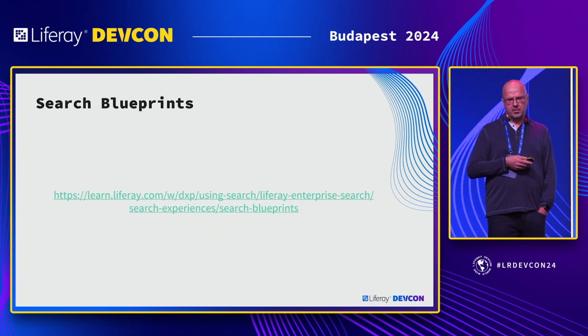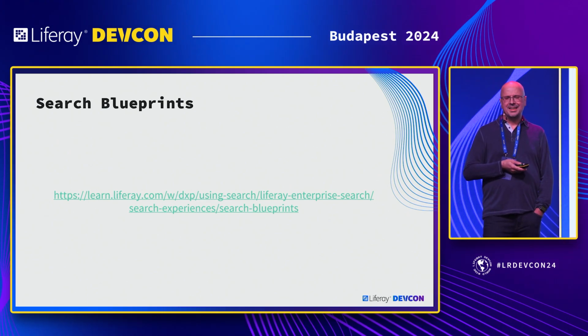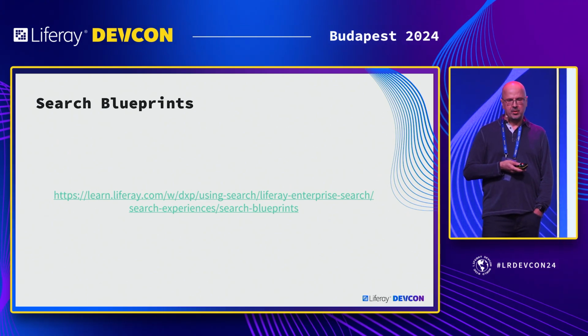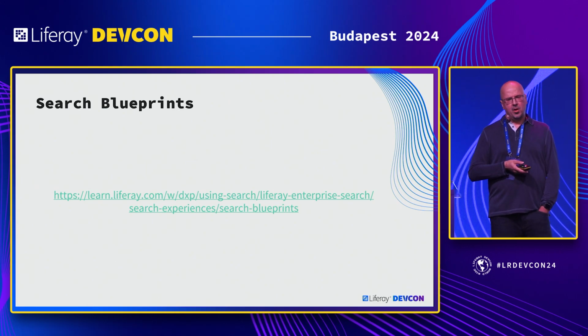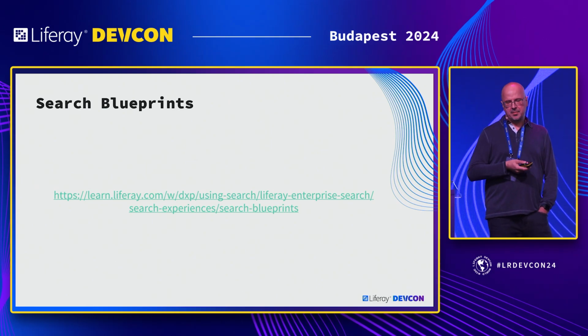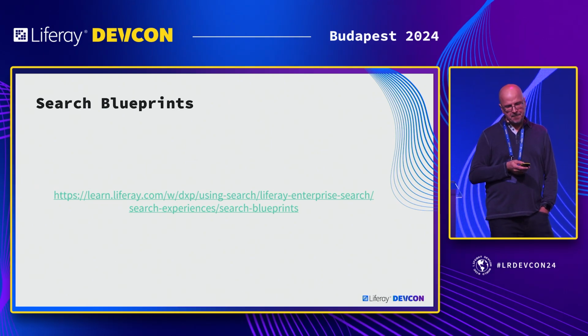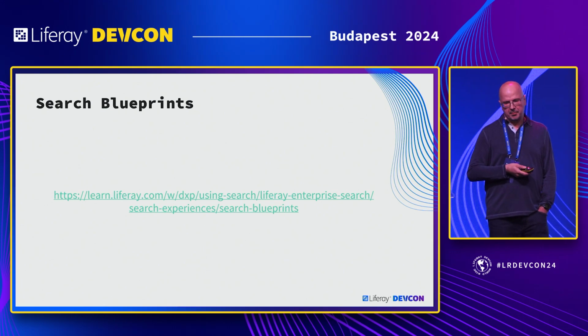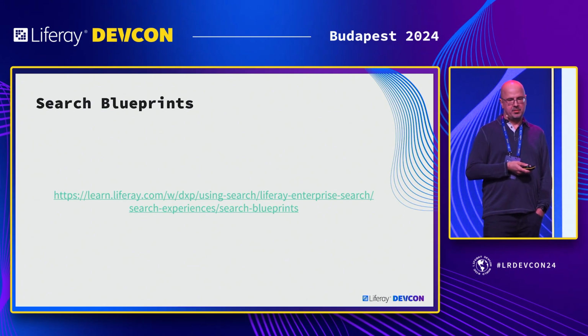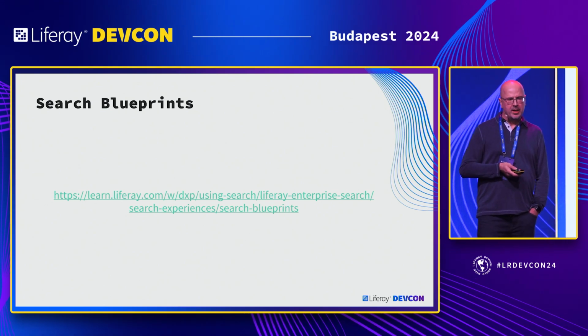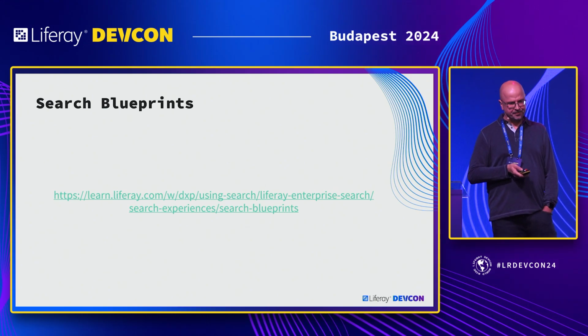But in brief, a search blueprint is a kind of Liferay search configuration template, allowing you to configure all the aspects of a search query. We can then apply this template, for example, to a search page, or to a headless search request.